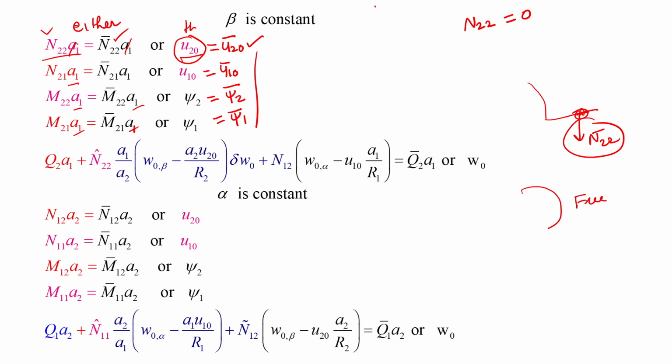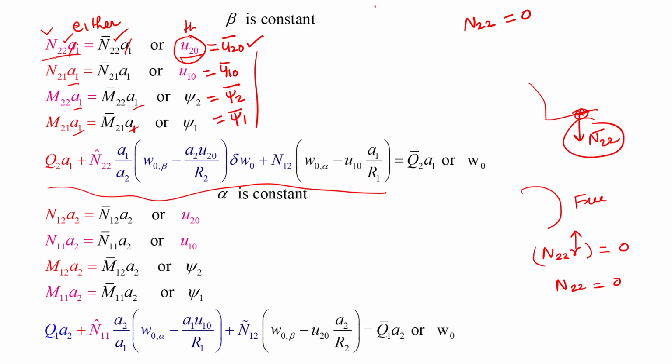If we talk about a circular plate, then it will be N22 times R which is going to be 0, not just N22. Then you may ask where this R is coming from. Basically this is A1. That is why I have kept A1 here, because it is in the terms, but anyway one can see they will get cancelled out.